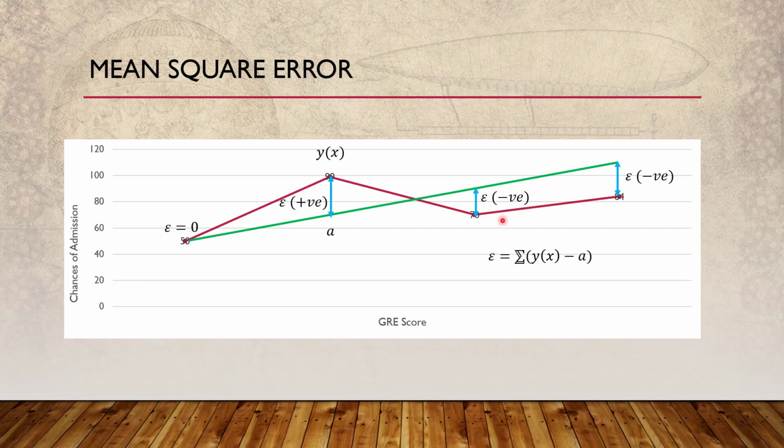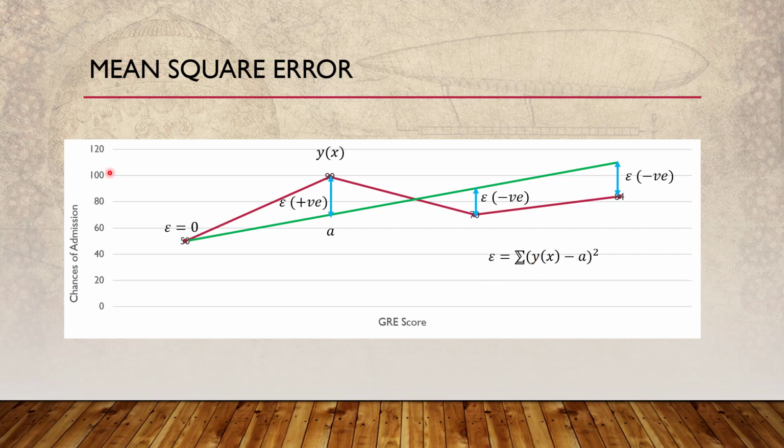So to overcome that, what we did in that particular video is we took a square, to make both the positive value and the negative value a positive one, and then we took the sum. And if you see, the right-hand portion of this equation is much similar to the cost function we defined for our handwritten digit recognition problem.